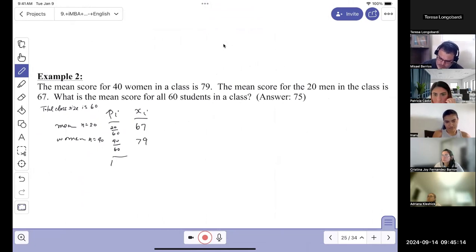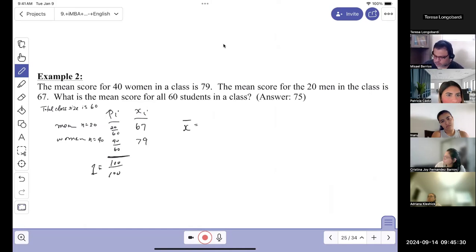So this adds to 100 over 100, so that's going to be a 1. You always check that. And so if we want the weighted average, we take 20 over 60 for the men and 40 over 60 for the women.